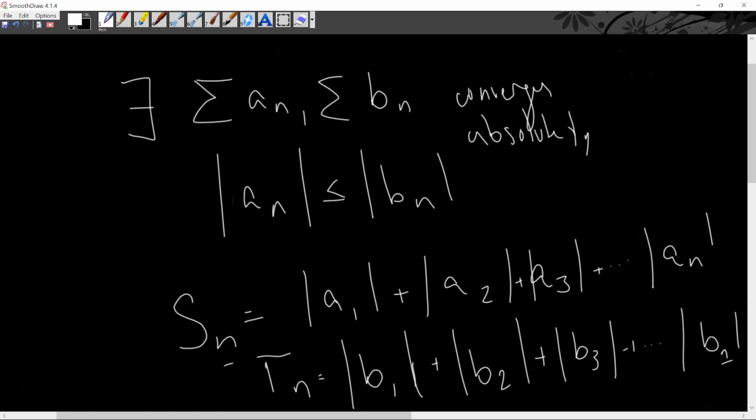N being just some number. I know we use capital N's for the previous proofs to denote random values, but still the idea is the same. You're summing up to n for both of these partial sums.